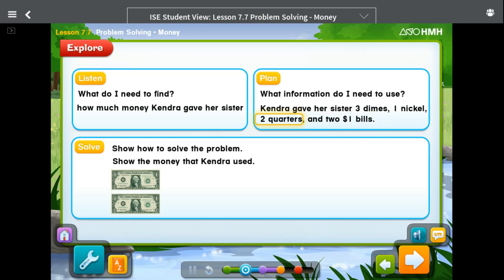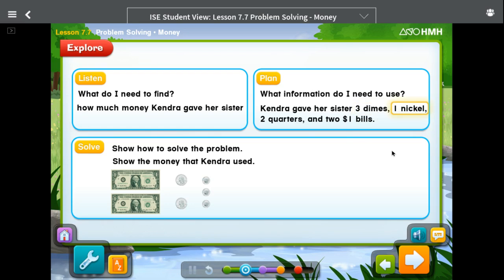So I am now up to $2.50. Let's add our 3 dimes. Or think of it this way, adding 3 tens we know equals 30.